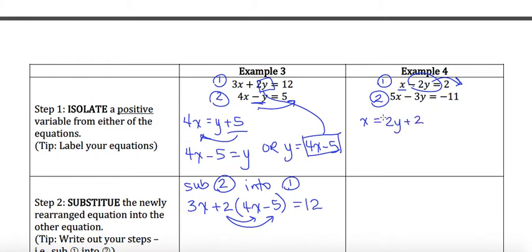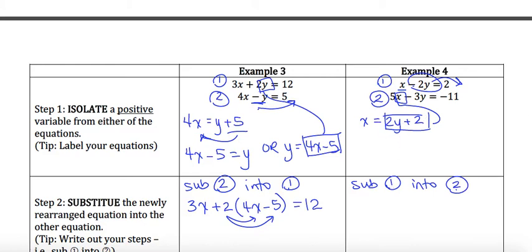So now I'm going to substitute this value of x into the value of x in equation 2. So sub 1 into 2. And sometimes people relabel this, so they label this as 3 and then they substitute 3 into 2. Or you can just know that you've rearranged 1 and substitute 1 into 2.